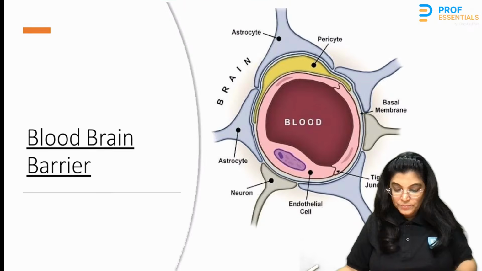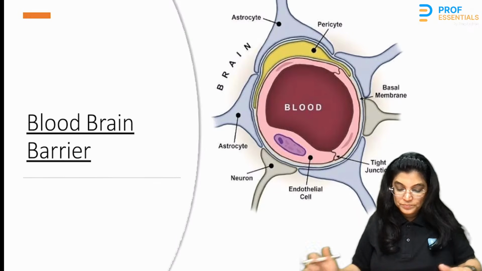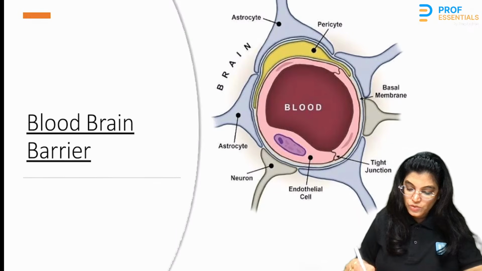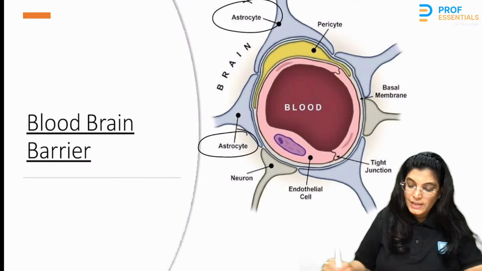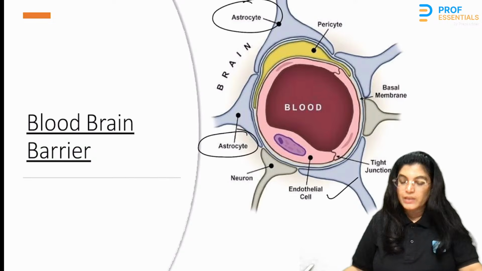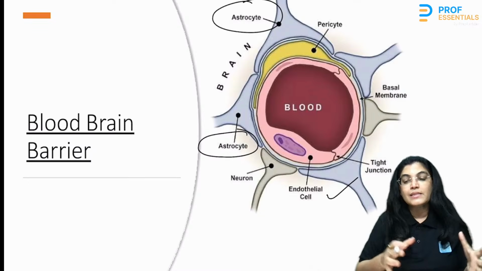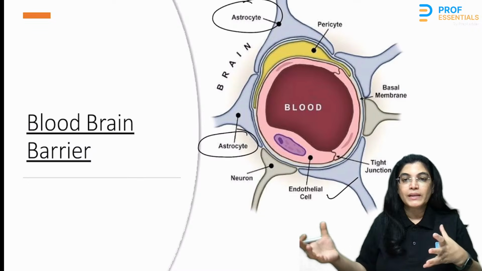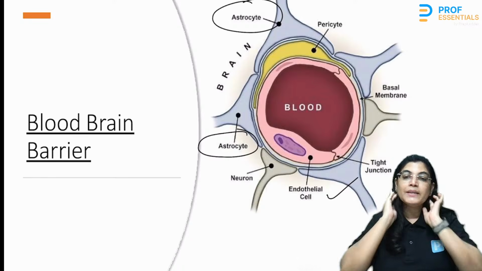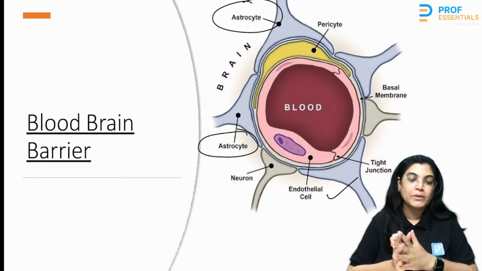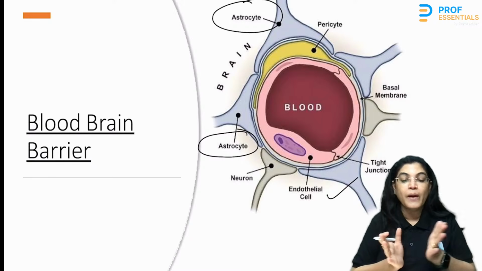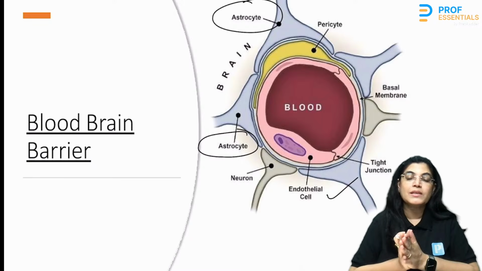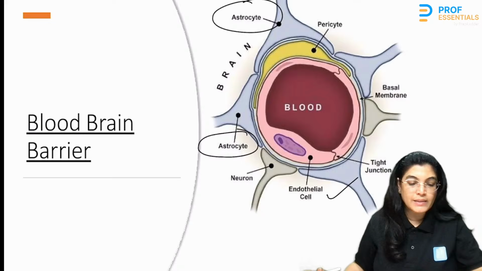This shows you the blood brain barrier, where these are the astrocytes and these are the blood capillaries. Together they form the blood brain barrier, which restricts the passage of toxic and harmful substances into the brain.